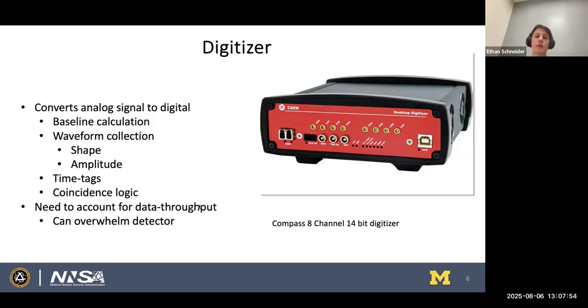Another thing that this digitizer does, it handles timing. This is very important to understand when your pulses are in your measurement. So it's not just about collecting these time tags, but you're also able to do coincidence logic on this. You might notice that digitizers like these have multiple different channels for you to plug in different detectors. This one has 8 channels here, and it's a 14-bit digitizer.